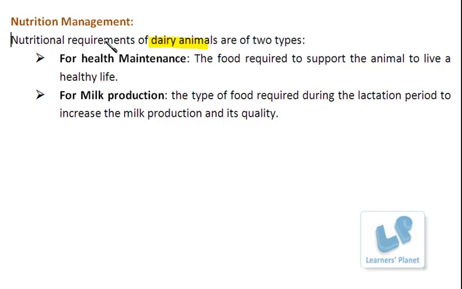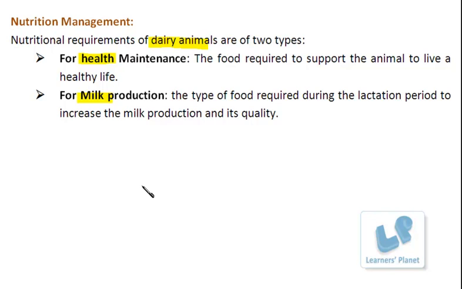So nutrition management includes the nutrition which is provided to the dairy animals. And while planning such nutritional requirements, there are two things which are considered: one is the health of the organism, and second is the milk production, right? The maintenance of health requires a different type of food material, and milk production requires different nutrients, and accordingly the management should be there so that the organism's health is maintained, as well as milk production is increased during the lactation period.